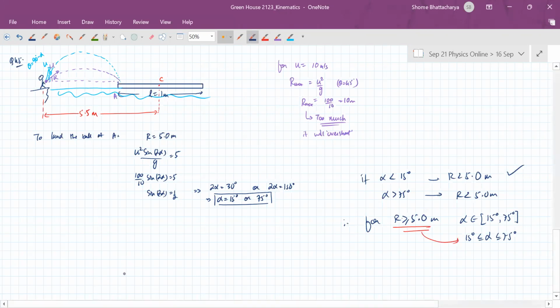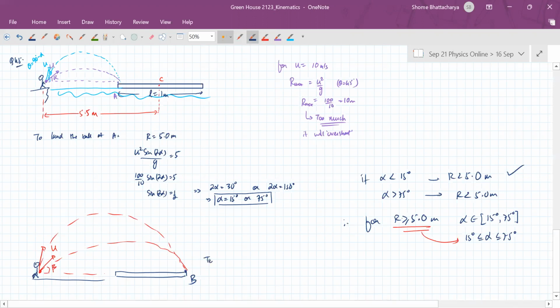So next, let's concentrate on the end point B. Now if he wants to project it such that it reaches the point B, let's say the angle of projection is some beta. So there are two possible solutions for this also now, like this.